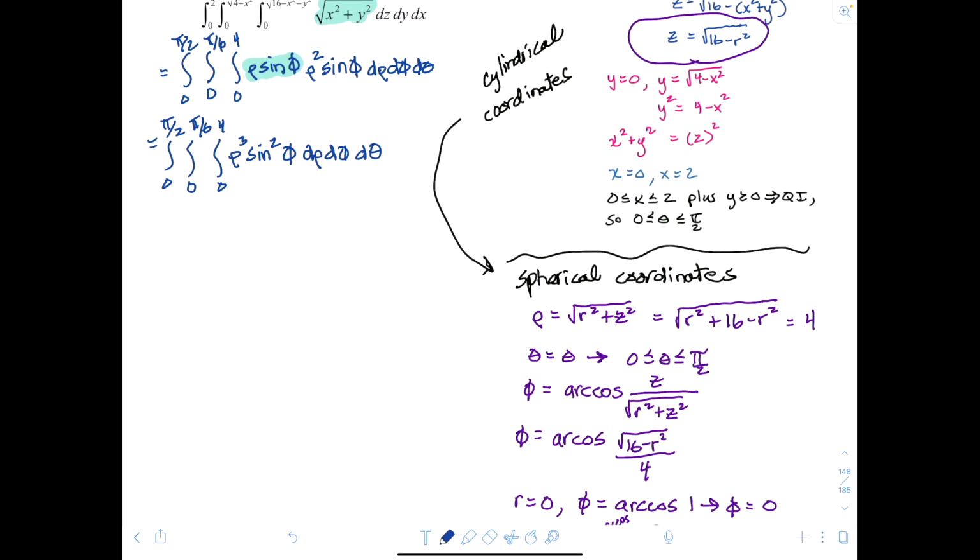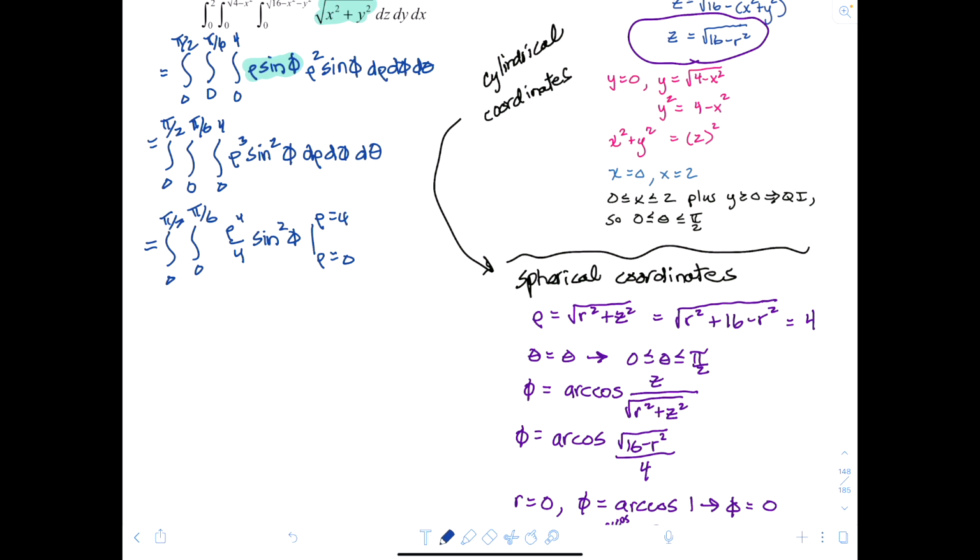Since the limits of integration are all constants on this one, let's go ahead and do this one. So that's going to give us the integral from 0 to pi over 2, 0 to pi over 6. And then integrating, we would have rho to the 4th over 4 times sine squared phi. And that would be from rho going from 0 to 4.